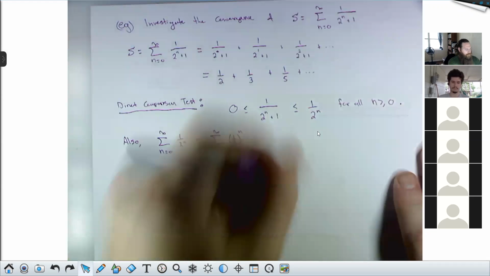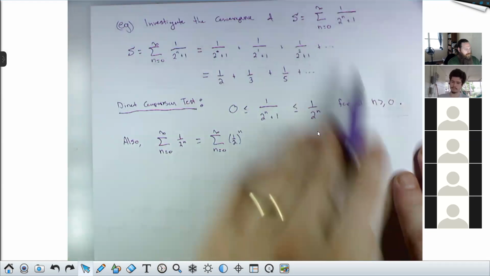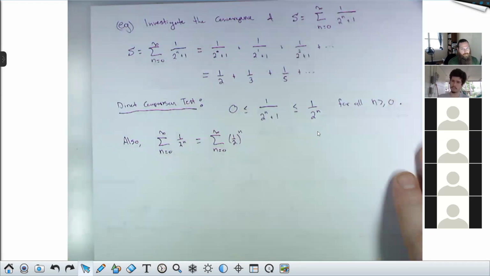Wait, if n was negative, would this not be true? I'd have to think about that for a second. That's why I hesitated there. I think it's just true everywhere. It might be true for all n, but in particular, I need to make sure that it's true here. This is my interval of question, and it certainly is true there.